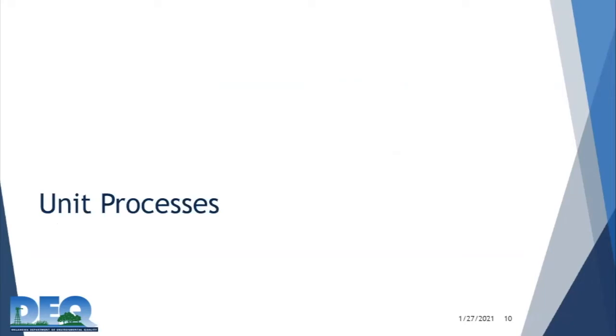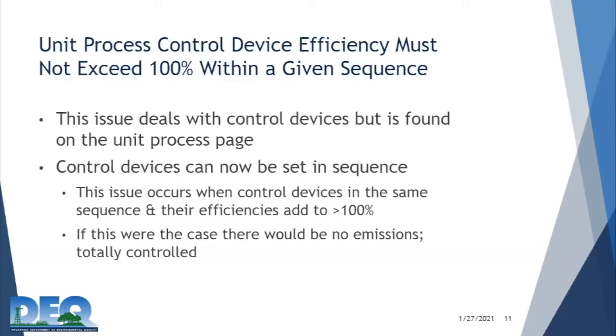All right, moving on to the unit processes. For unit processes, the control device efficiency must not exceed 100% within a given sequence. So this issue is found on the unit process page, as you can see there in the first part of our validation message in the title, but it is dealing with control devices, because control devices are tagged at the unit process, and that's also where you can put them in sequence.